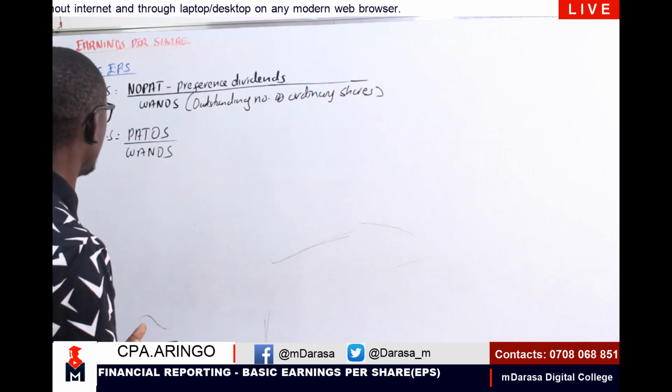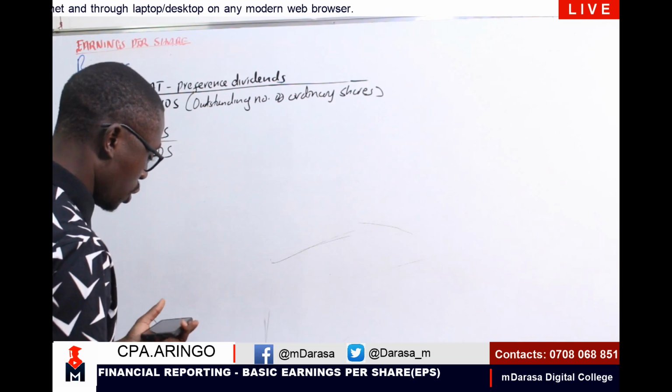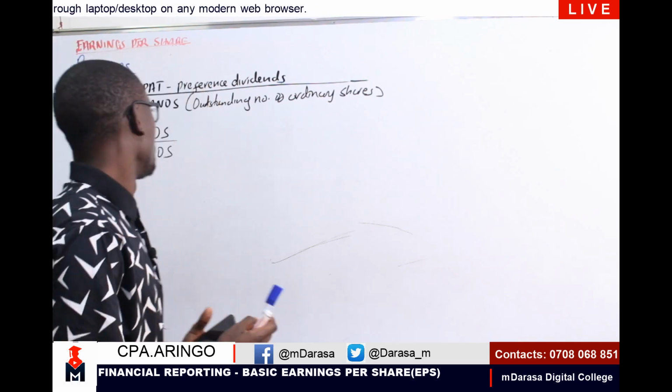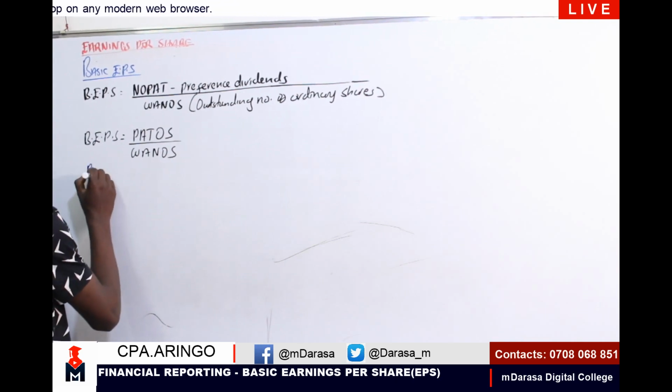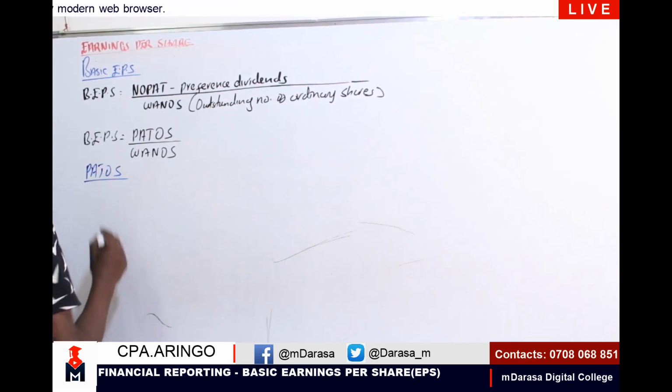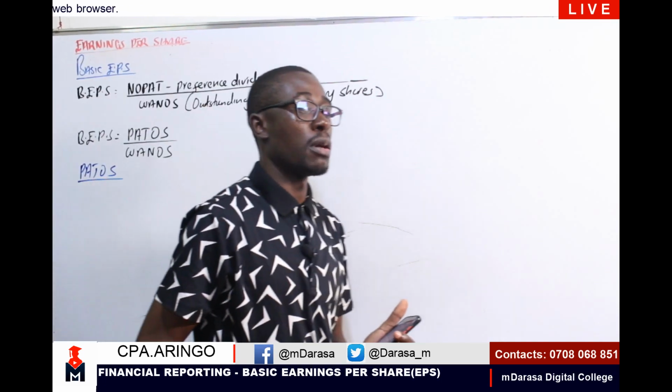So how will we determine our PATOS, profit attributable to ordinary shares? This is what you must always have at the back of your mind.